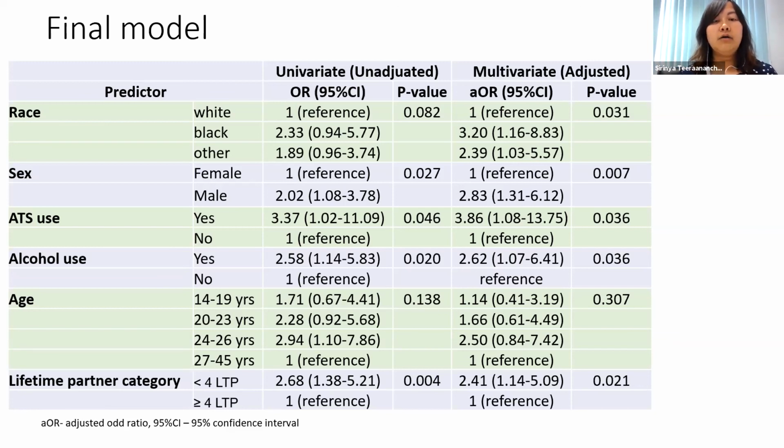And also the lifetime partner, it's a bit decreased from 2.7 to 2.4. But it is still in the same direction. And this is the model that I would like to conclude.